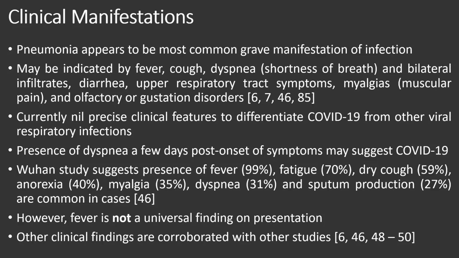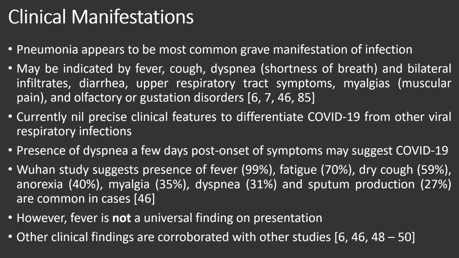And according to a study of patients hospitalized with pneumonia due to COVID-19 in Wuhan, the most common clinical features at the onset of illness were fever in about 99% of cases, fatigue in 70%, dry cough in 59%, anorexia in 40%, myalgias in 35%, dyspnea in 31%, and sputum production in 27% of cases.